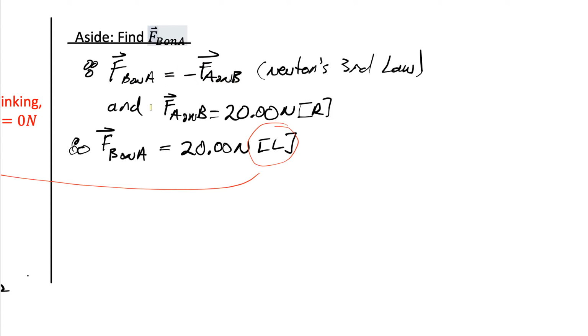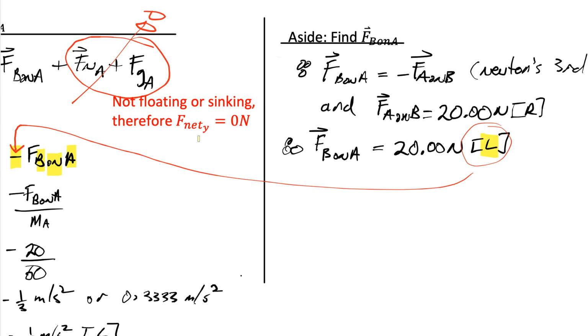And your second argument is this. And we know that the force of A on B is 20 newtons to the right. Based on this, therefore, we can conclude that the force of B on A is going to be 20 newtons, but to the left. And that is all you need to write to prove, so to speak, the relationship between FB on A and FA on B. And again, the left is why we have the negative here.